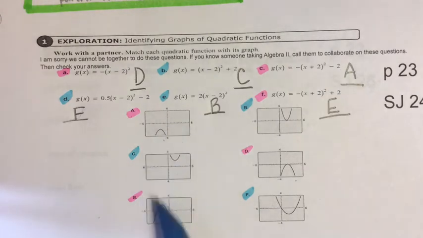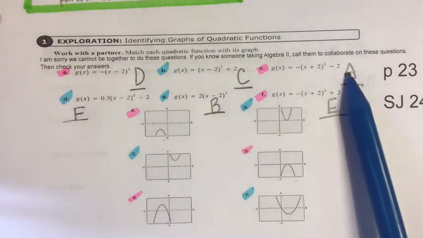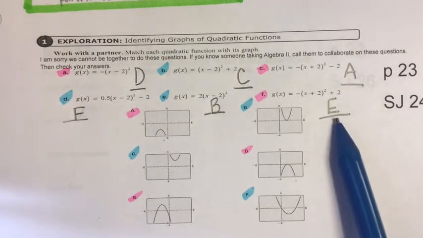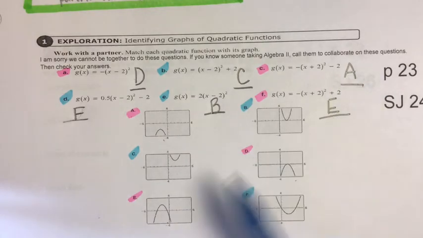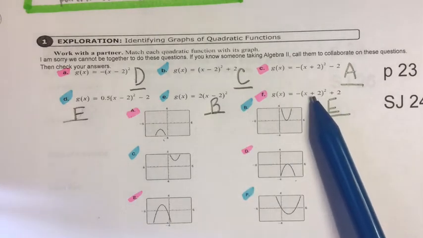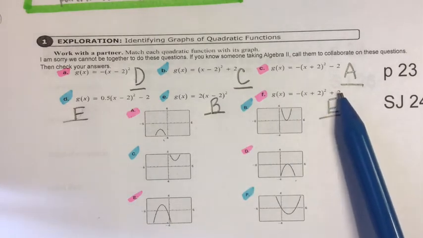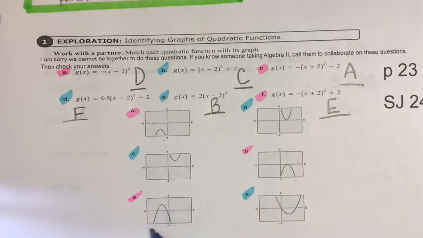Which one of these two is left 2 down 2? That would be choice A. And then, of course, for lowercase f, E is the only correct answer. But if you notice, this is left 2, up 2. And that is a reflection across the x-axis, obviously, and then left 2, up 2.